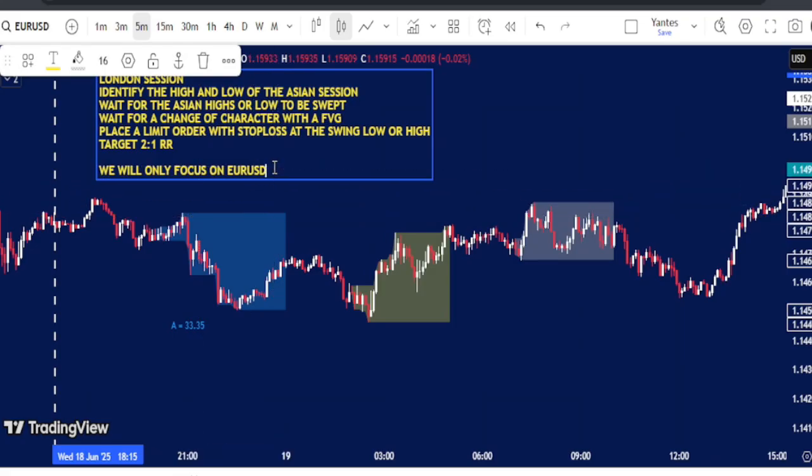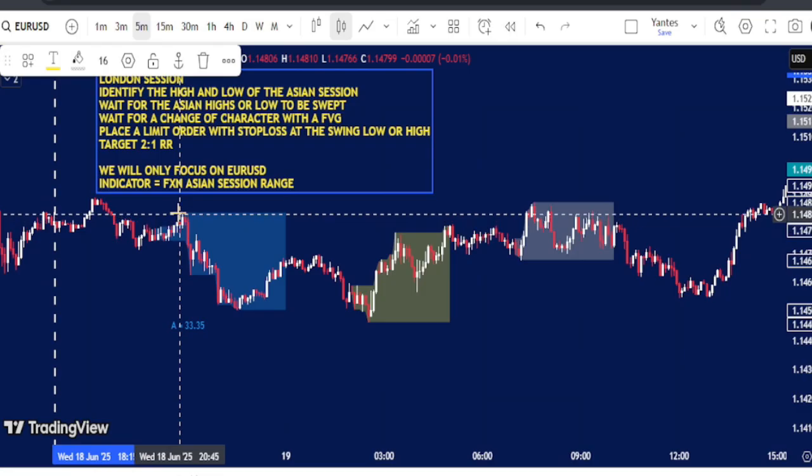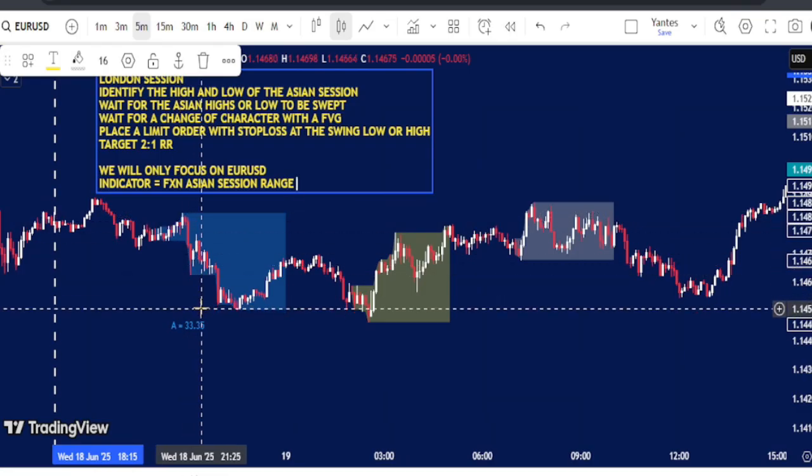The indicator that we use here is called FXN Asian session range. So it shows us the range. So this is the high, this is the low.